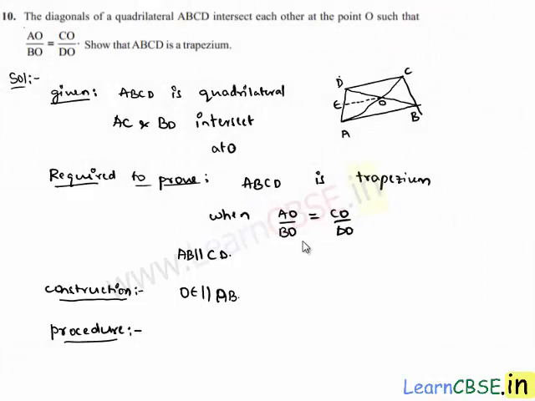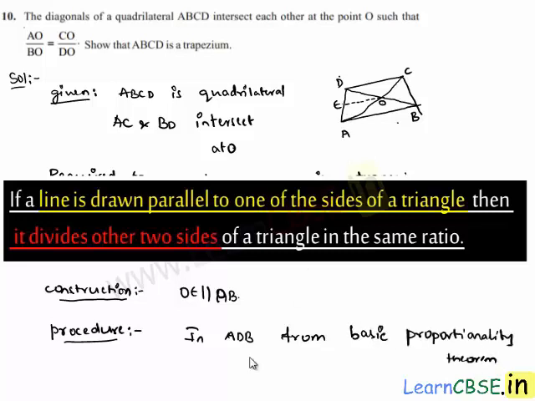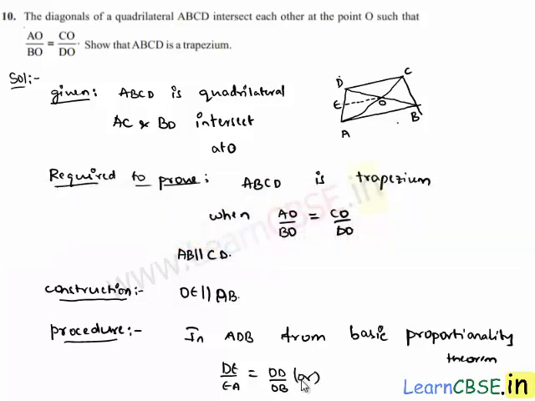We know that EO is parallel to AB in triangle ADB, so from the basic proportionality theorem, we can say that DE by EA is equal to OD by OB, and OD by OB can be written as DO by BO.